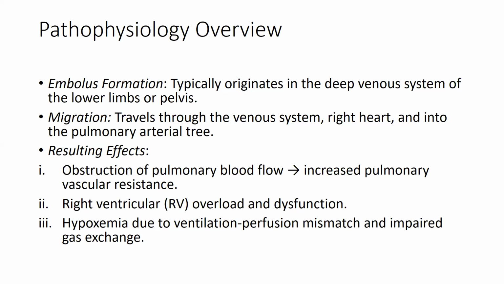Once it gets there, it leads to obstruction of pulmonary blood flow, and that's when you have increased pulmonary vascular resistance, which leads to right ventricular overload and dysfunction, and that's when you see right ventricular strain. And because of ventilation perfusion mismatch and impaired gas exchange, you have patients with hypoxemia.